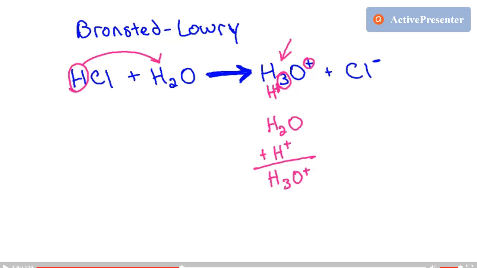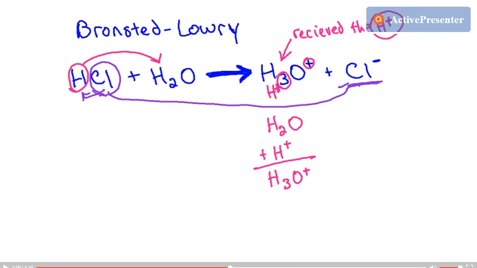So this received the H, the proton that's in the acid. Now this chloride at the end here that broke apart, this was originally part of the hydrochloric acid, but it lost that H, and so it's all by its lonesome over here. So it lost the H, so it's no longer an acid.